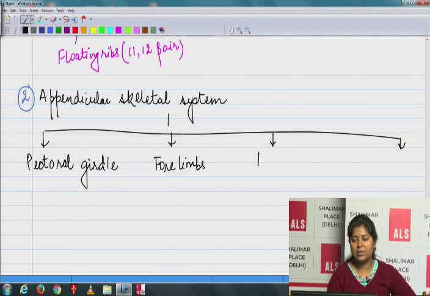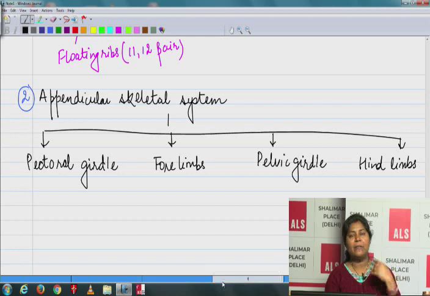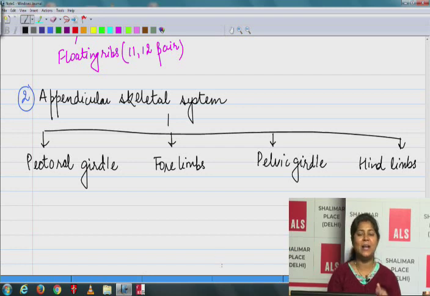Then we have the pelvic girdle, to which the hind limbs are attached. So we'll divide it into 4 sections, short and sweet: pectoral girdle, forelimbs attached to it, then similarly the pelvic girdle, the waist region of your body, and the hind limbs attached to them.